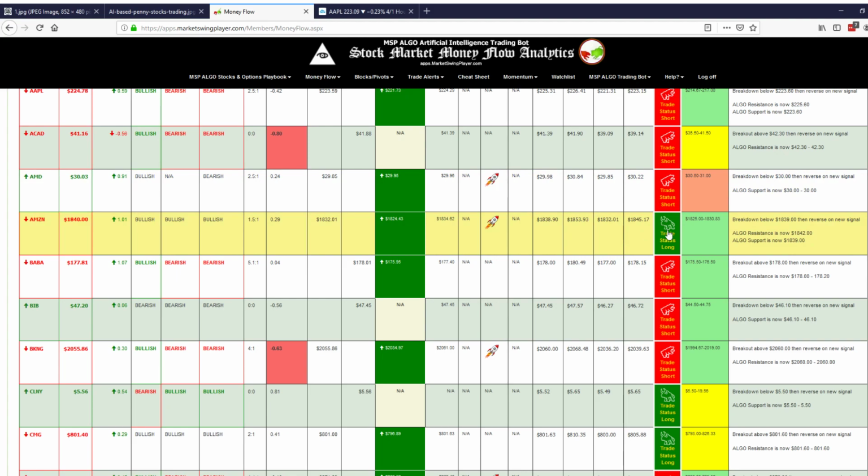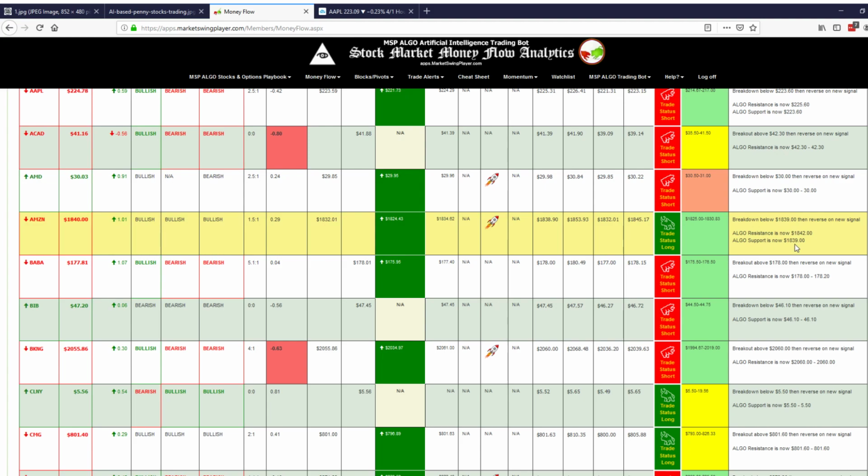And so here it says, when the market opens up at 0930, price is going to break down below 1839, then reverse. Okay? So we have ALGO resistance 1842. And we have support 1839.